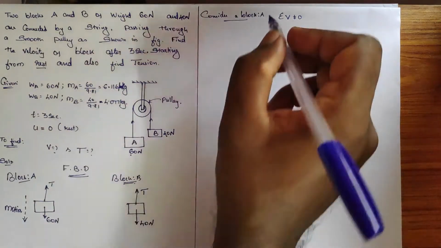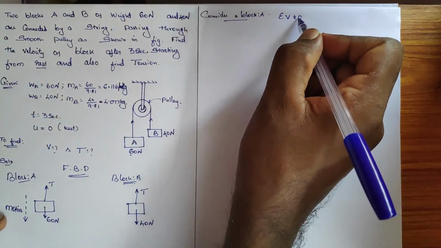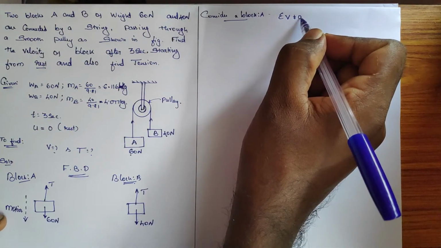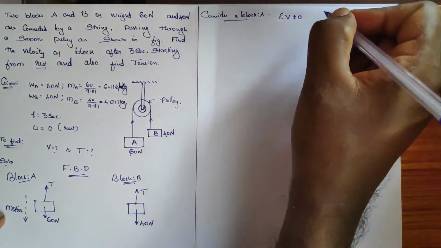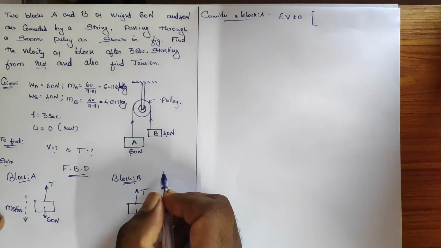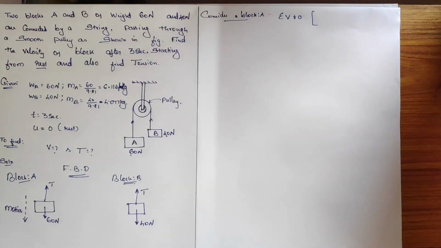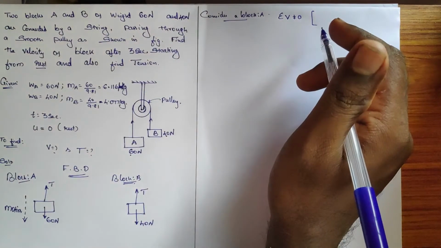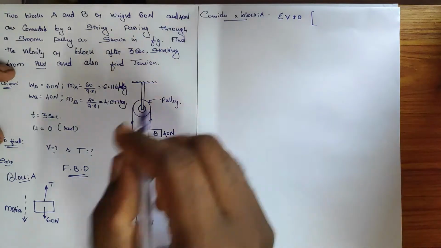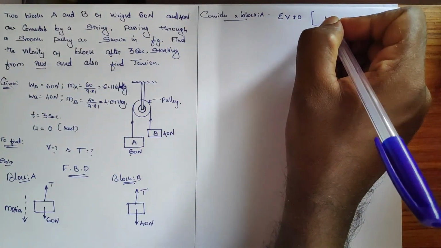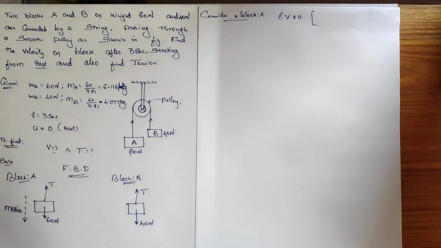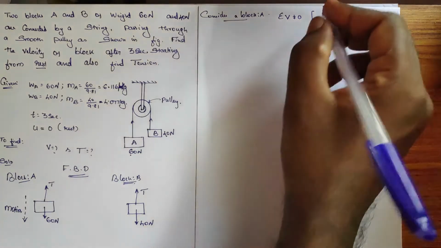So here I am going to take the sum of vertical force not equal to 0 since the motion is vertically downwards. When you are considering the forces, you must be very clear about the previous one and this one: the energy equation, not conservation of energy, and the impulse momentum equation.